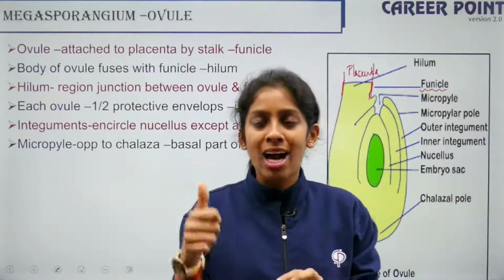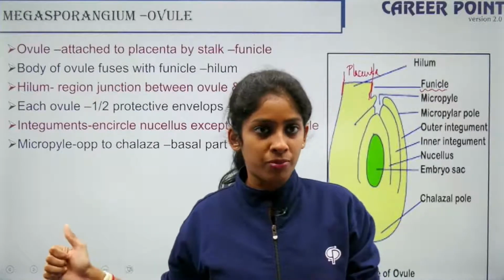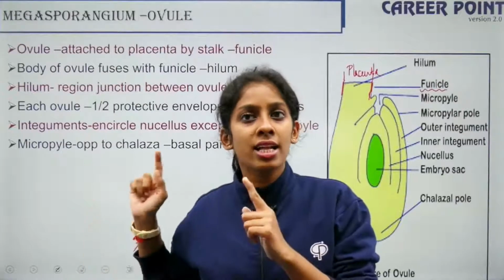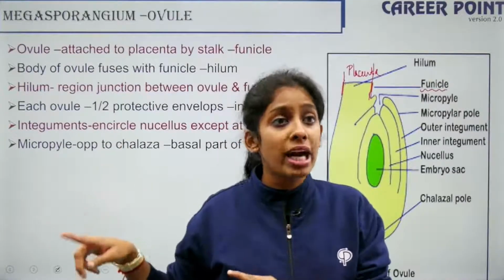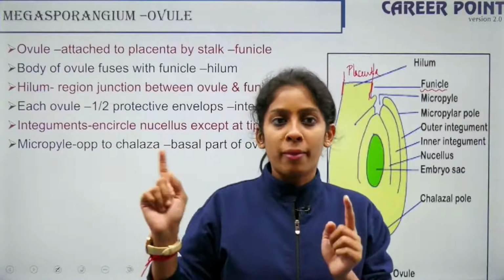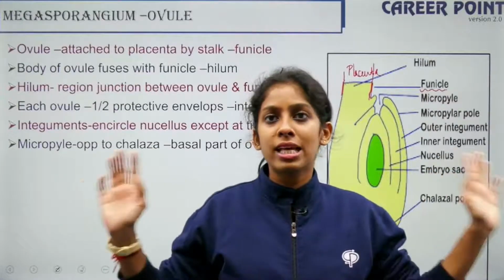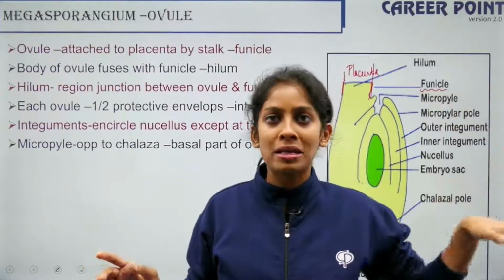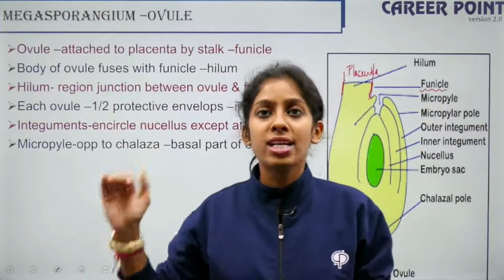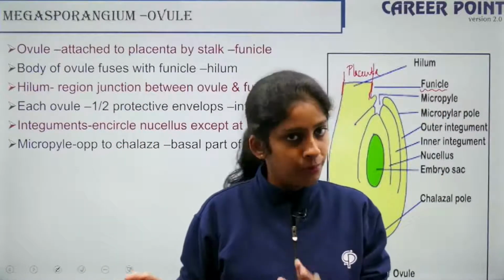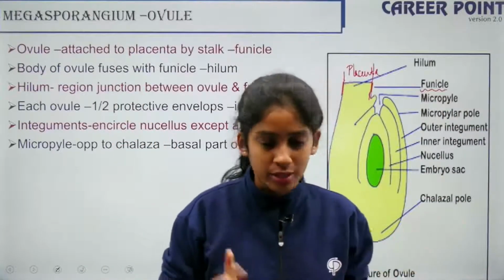When you say mega, it comes to the female portion. Here the mother cell is called the megaspore mother cell. So megasporangium and pollen mother cell are two different things. Pollen mother cell comes in the androecium, megasporangium comes in your ovule. Okay, so you will not confuse both.